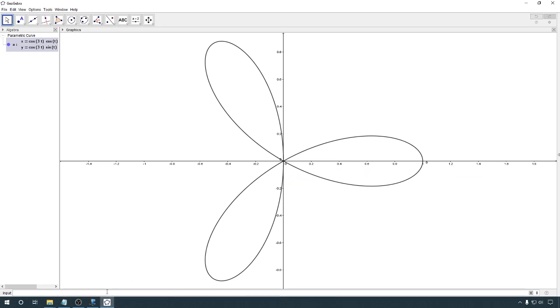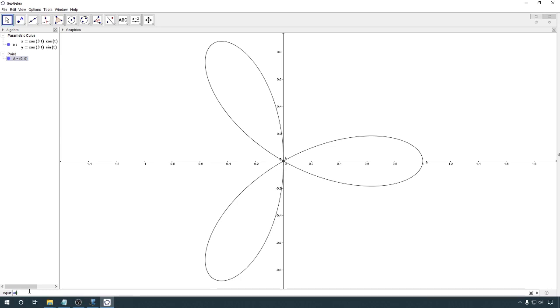Well, it turns out that if we take our curve and we plug in pi over 6, we end up right at that point. The reason is that if I plug in pi over 6 into cosine of 3 theta, I'm getting cosine of pi over 2, and cosine of pi over 2 is 0.